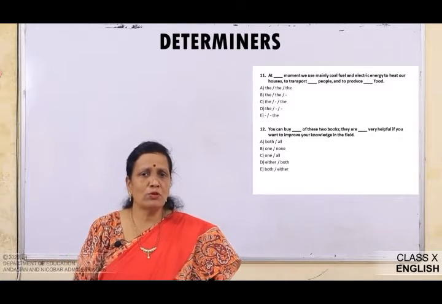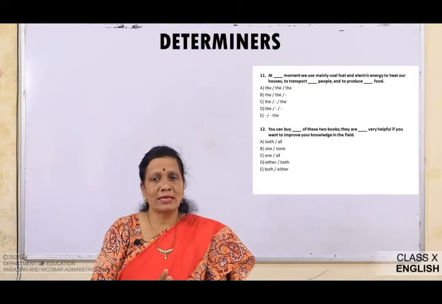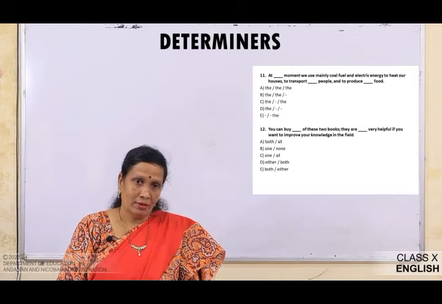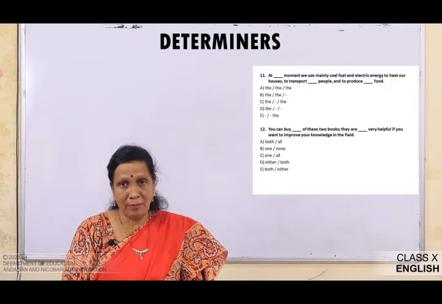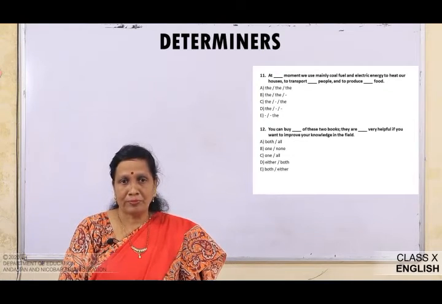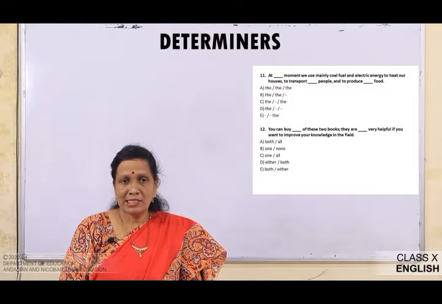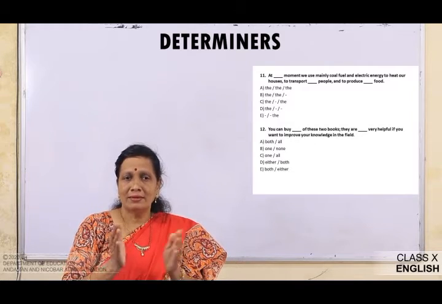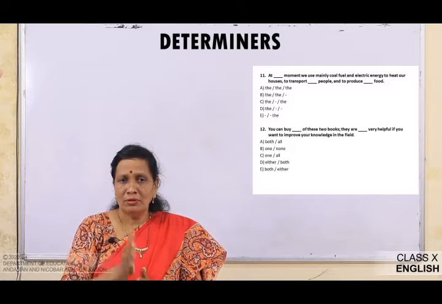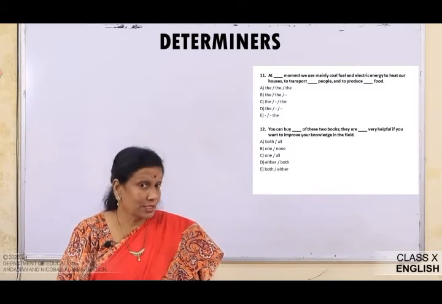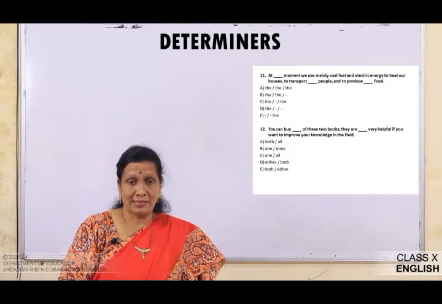So, at the moment we use mainly coal, fuel and electric energy to heat our house, to transport people. We will not say to transport the people, transport people and to produce food. Okay? So, here the option would be at the moment, and you know, for the other two blanks you will not be using any determiners, or here we have articles.